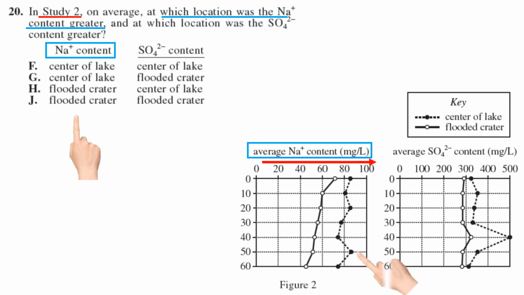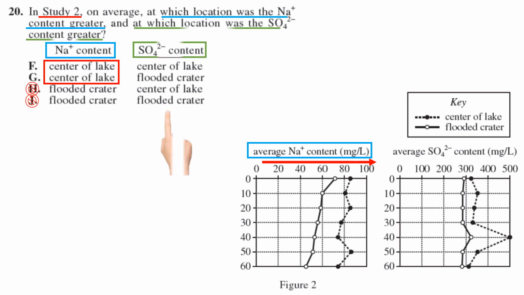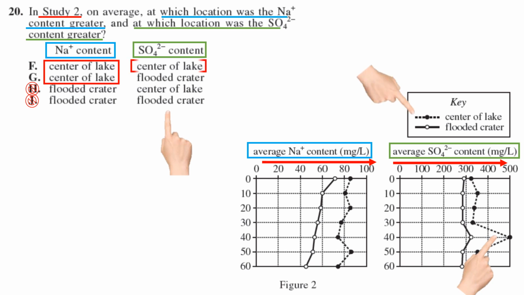And we see that the center of the lake is a greater average content, so we can eliminate choices H and J. And then the SO4 content, we see that the center of the lake is also the greater, so your answer has to be F.